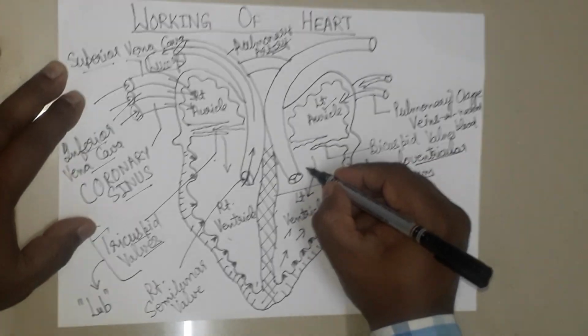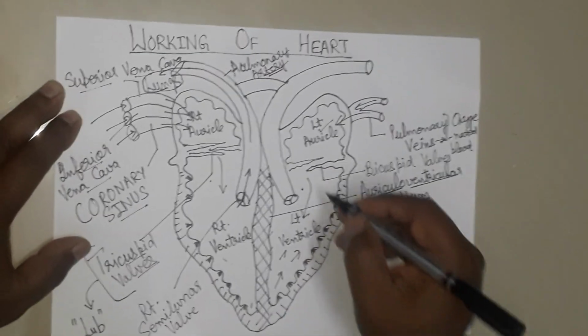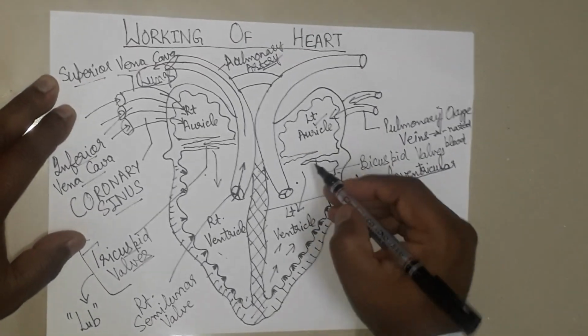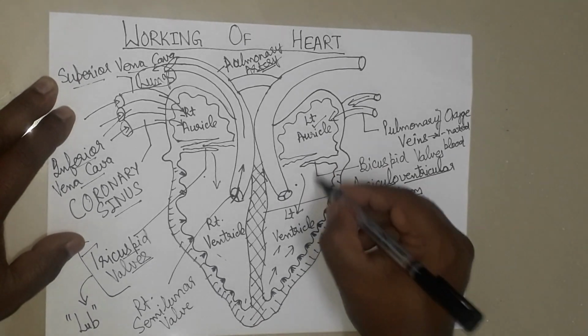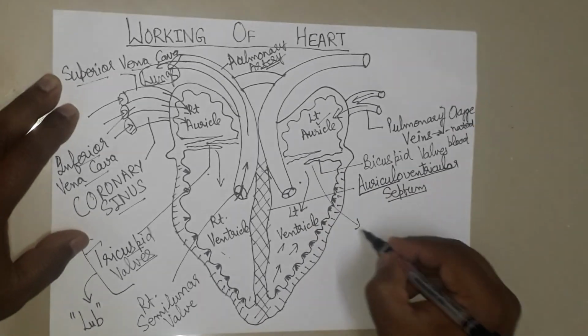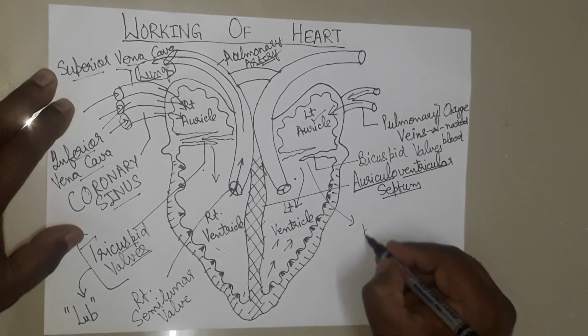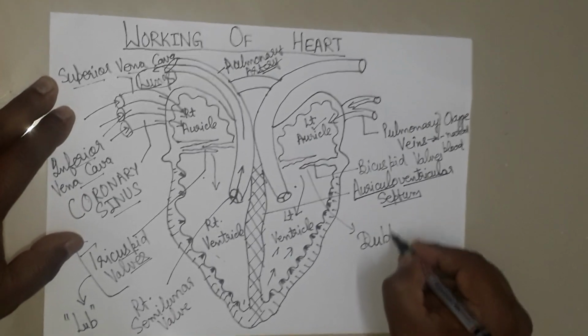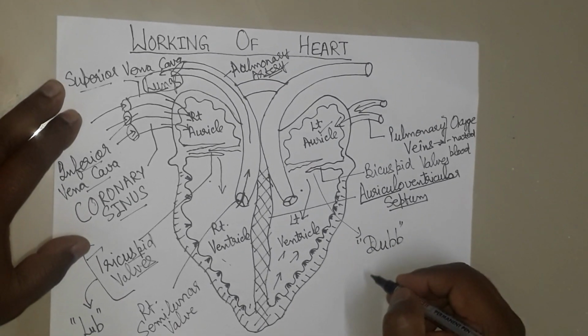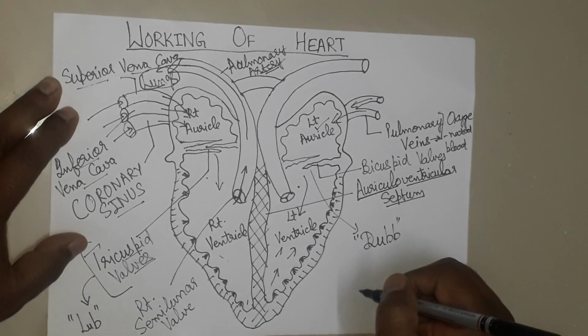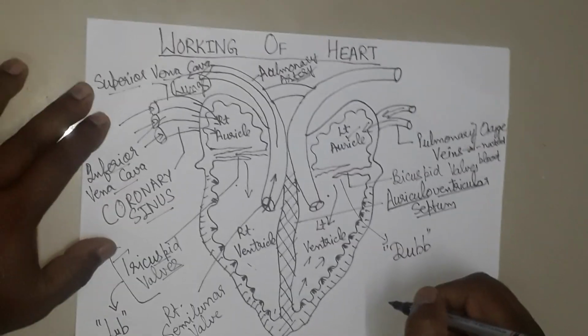As it reaches here, with the pressure of the blood these two valves close, and due to their closure the second sound of the heart is produced, that is dub. So our heart is producing lub dub, lub dub, lub dub.